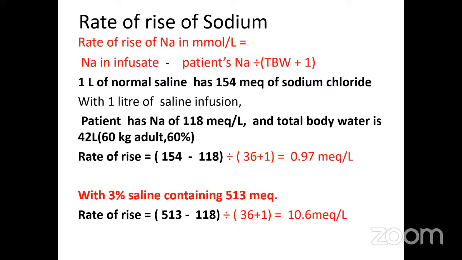Patient sodium is 118. Patient's body water is 36. To that, you are adding 1 liter, so that is 37. The sodium would go up by 0.97 milliequivalents per liter.